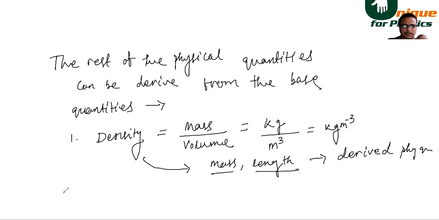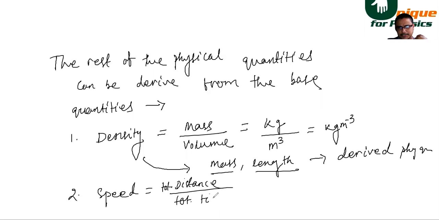Similarly, second, if I go for speed, we said this is total distance traveled divided by total time taken. I will write this as length divided by time.